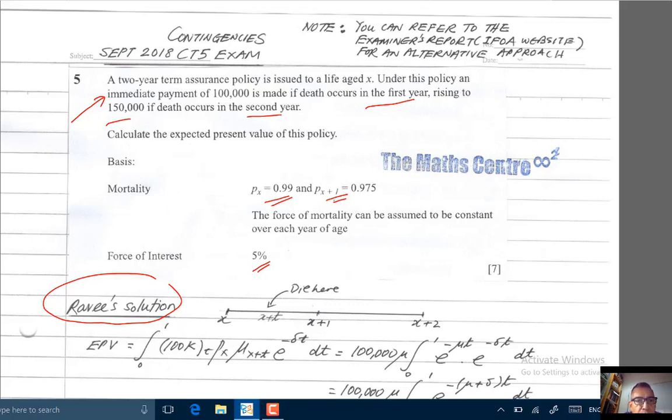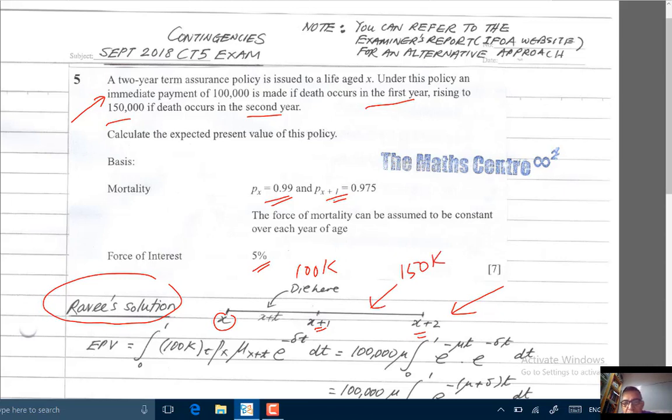So let's start. We are looking at a 2-year term assurance policy, issued to a life aged x. So I have age x here, age x+1 and x+2. If this person dies in the first year, he gets 100K. And if he dies here, he gets 150K. That's good.